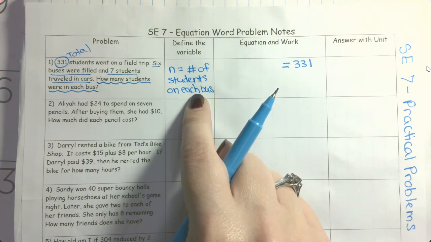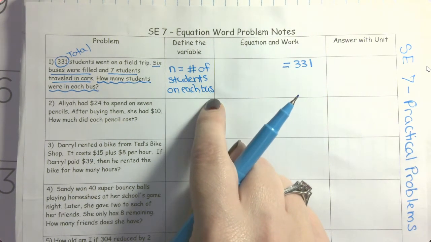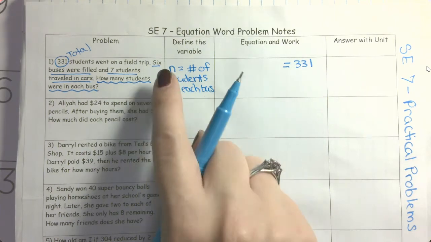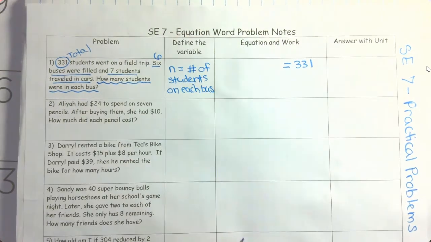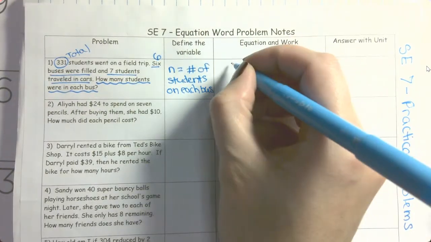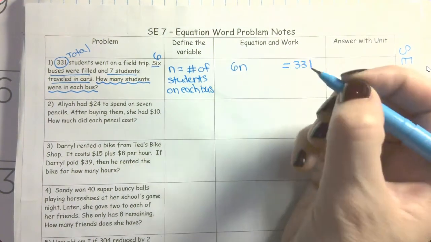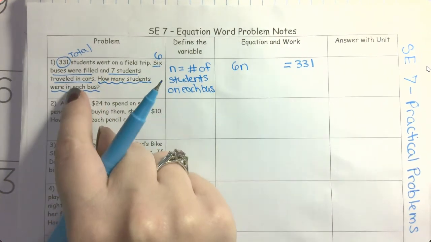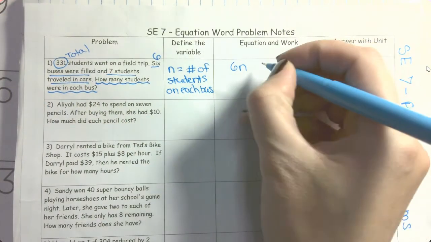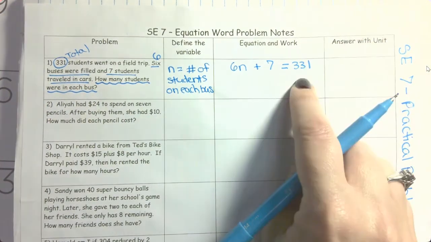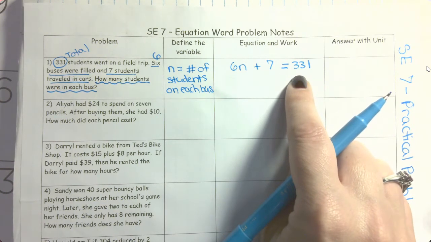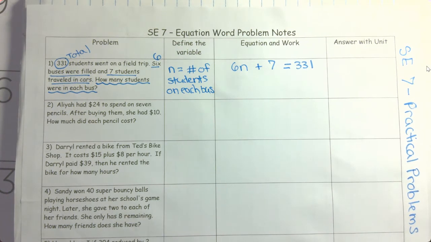So 6 buses, so 6 times however many students are on each bus, which is my variable, and the 7 students that traveled in cars, so plus the 7 students in the cars, would give me the total of 331 students that went on the trip. At this point, I just have a 2-step equation to solve.